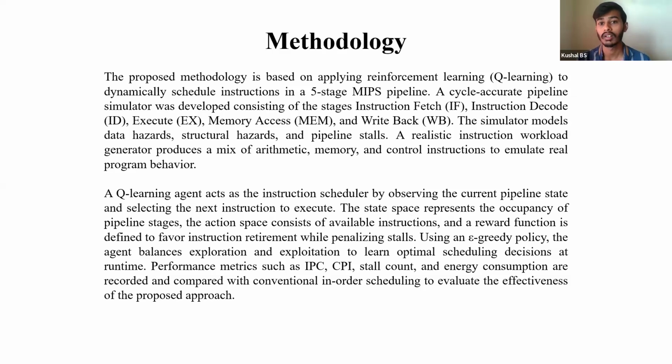The action space consists of available instructions, and a reward function is defined to favor stall-free instructions. Using an epsilon-greedy policy, the agent balances exploration and exploitation to learn optimal scheduling decisions.